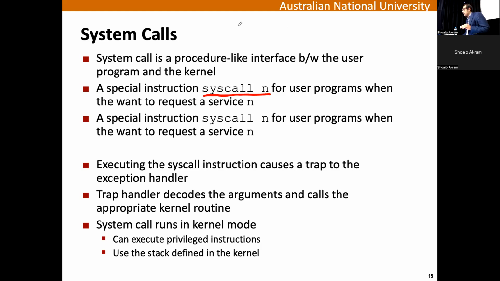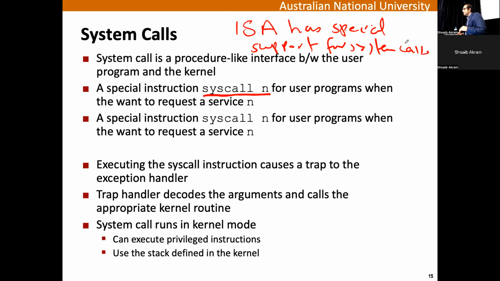So system calls are supported by the ISA. We say that ISA has special support for system calls. So syscall is an instruction that you can use to make system calls. And N is the identifier for the type of system call you want to make: read, write, open, close, stat, fork.